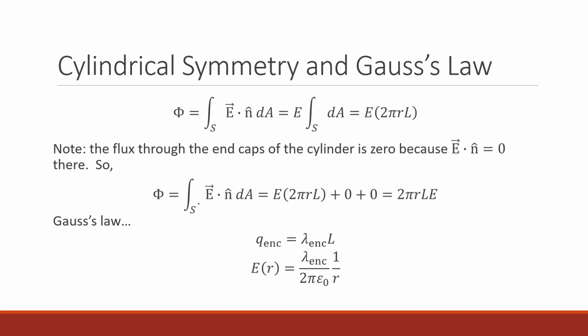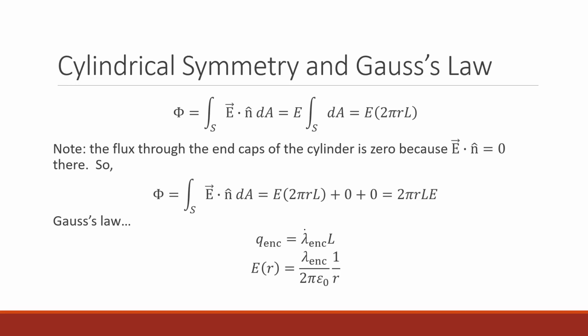Okay, and again, setting this equal to Gauss's law, and remembering what Q enclosed is for a cylinder. So Q enclosed for a cylinder is going to be lambda enclosed times L. If I remember correctly, it is our charge distribution for a line.